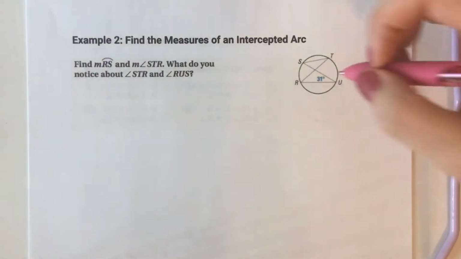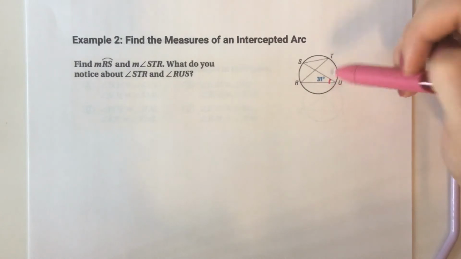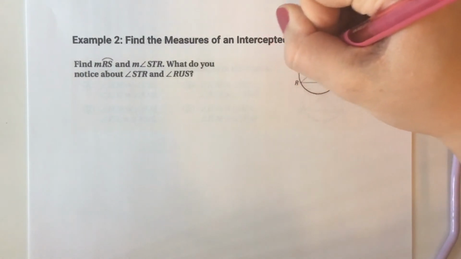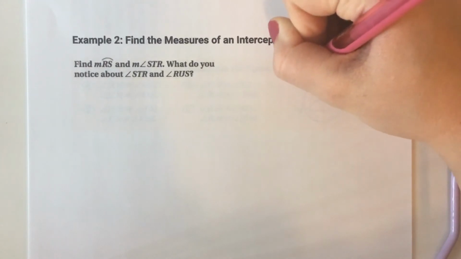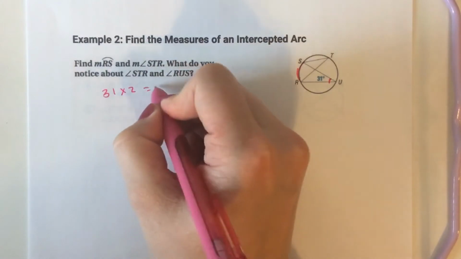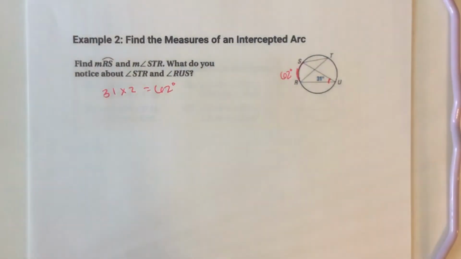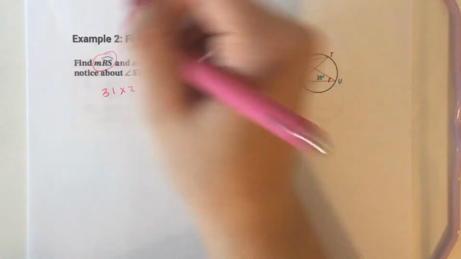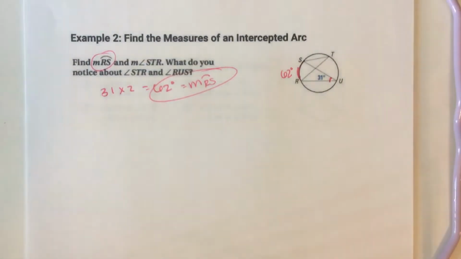Looking at this picture, they tell me that angle U is 31 degrees, which means that arc SR is going to be double that. 31 times 2 gives us 62 degrees. So arc SR is 62 degrees, and that's the first part of the question.